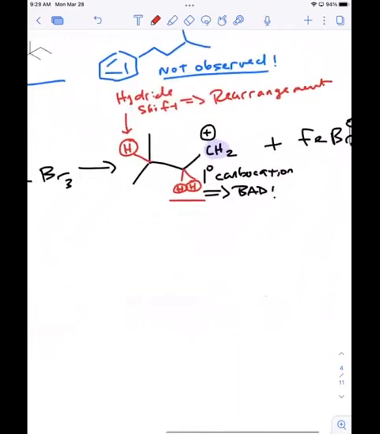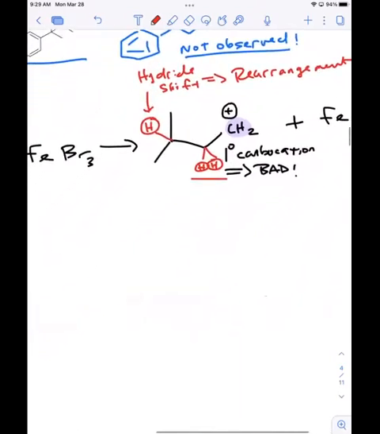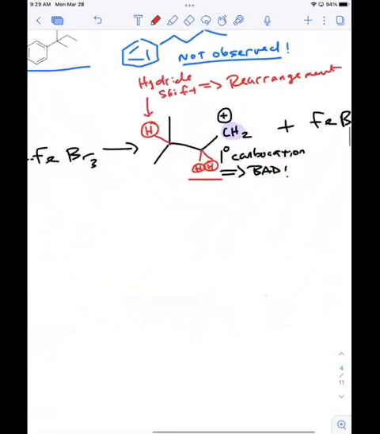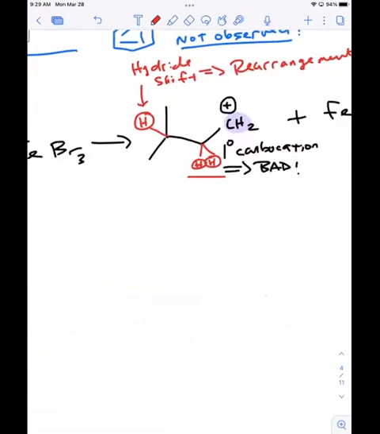We've seen that before. We saw it when we were doing SN1 and E1, how sometimes if you have an unstable carbocation, you can rearrange a hydrogen to get something that's more stable. So if I do a hydride shift, how do I show that mechanistically?